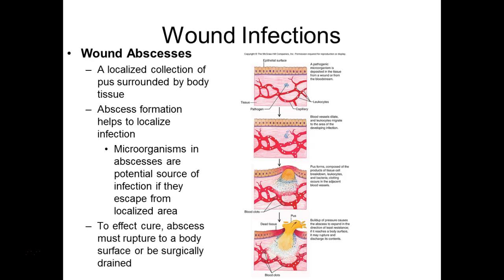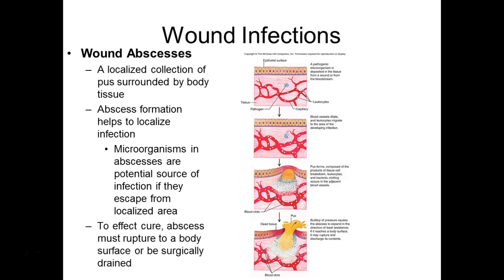The problem is if bacteria escape from this. An abscess is where we're walling it off, keeping it in one area, but it's going to increase in size because we're not actually killing the bacteria in the wound. So if they escape from that area into the tissue, that can lead to further infection.